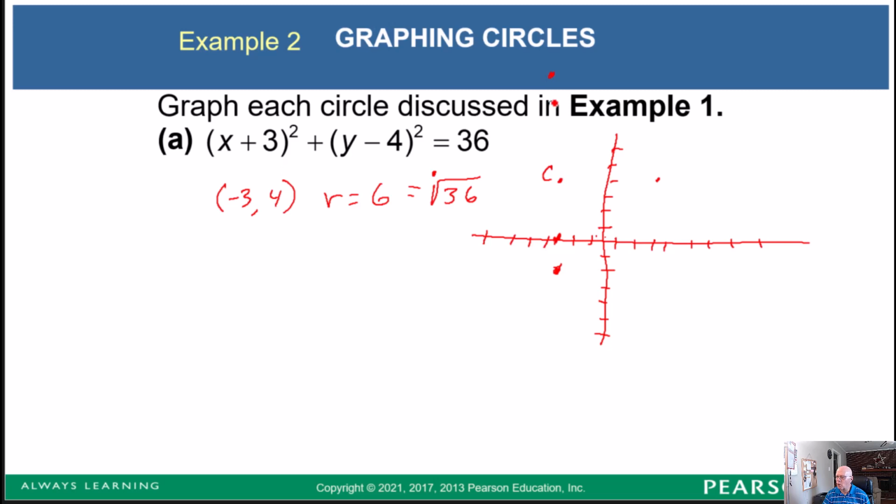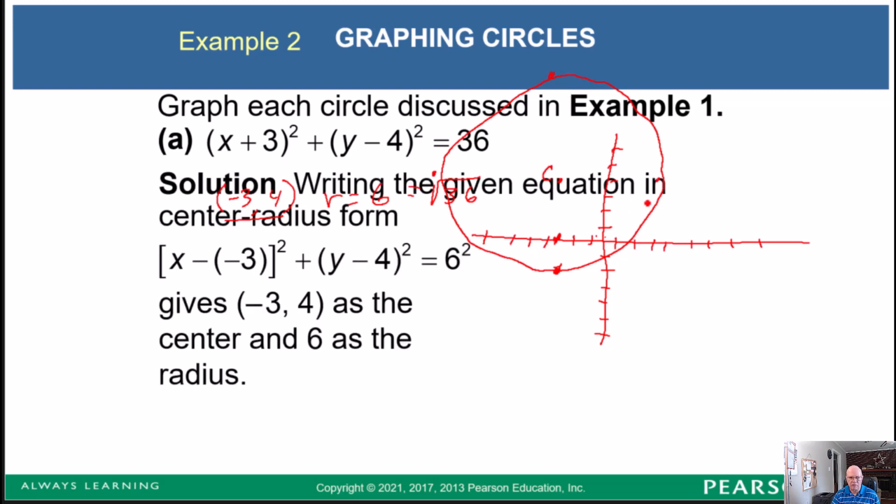I've got 4 points on the circle, and all I need to do then is just carefully draw what looks like a circle, a nice curve. Not the greatest, but I think you get the idea. That's how you do it. Start with the center, go 6 to the right, left, up and down, and then smoothen the curve.